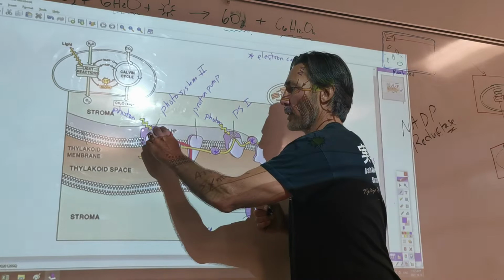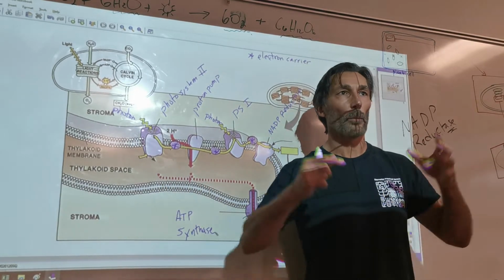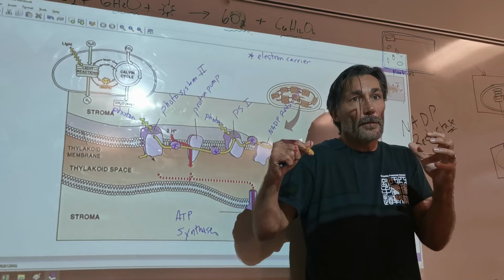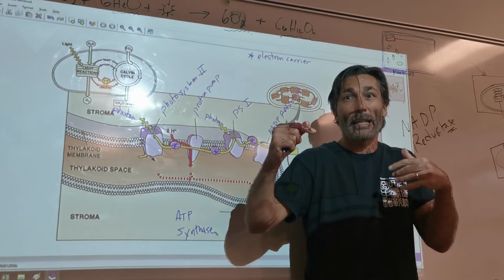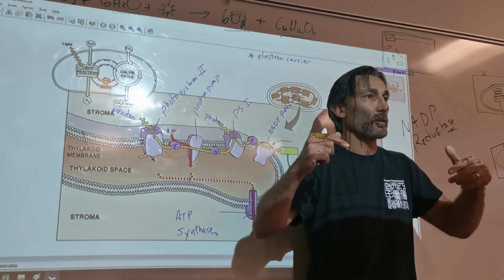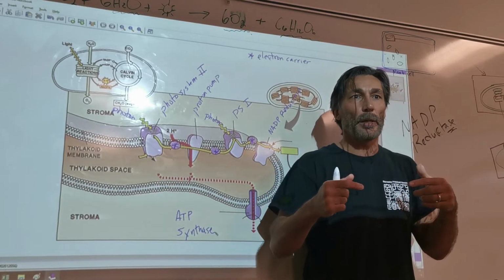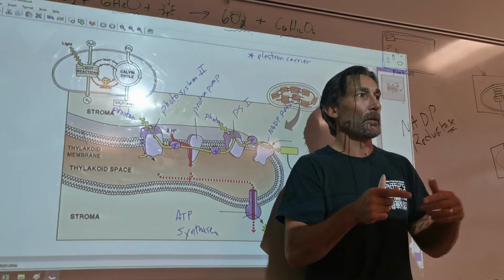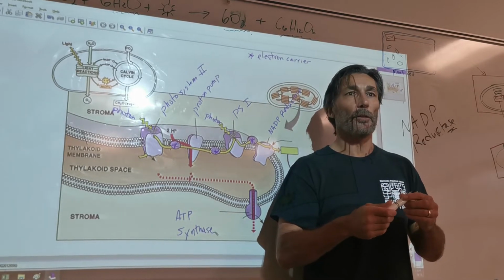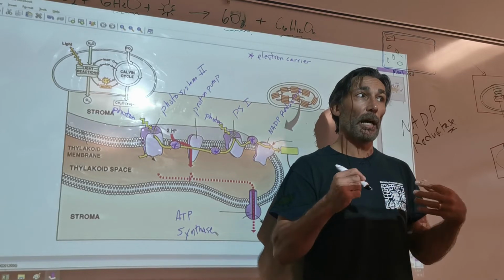Specifically, remember there's a bunch of accessory pigments, and when they get hit by the photon of light, they vibrate in place, and they channel that vibrational energy or kinetic movement energy to the next structure, and eventually it gets to that special spot called the reaction center. And the reaction center has a special type of chlorophyll, and when it receives the energy, it doesn't vibrate, but what does it do?